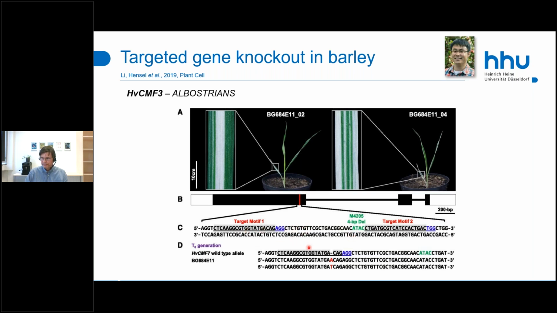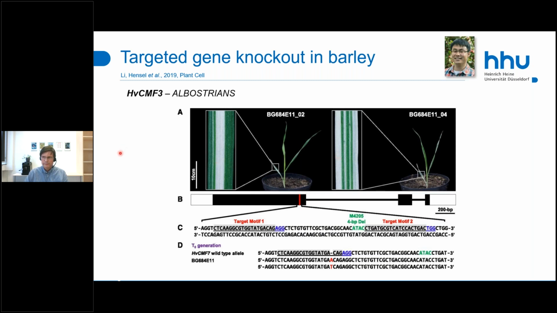And so what you see here below is the outcome of those attempts. So we got regenerants which have a mutation in this gene, and these pictures here show already T1 plants of the primary transgenic, and so you can see that we could confirm that this is the causative gene for this phenotype.